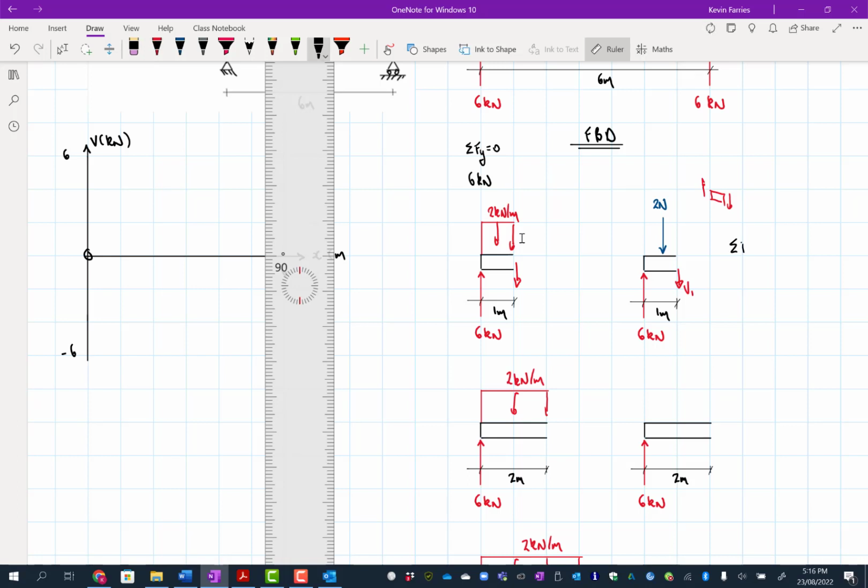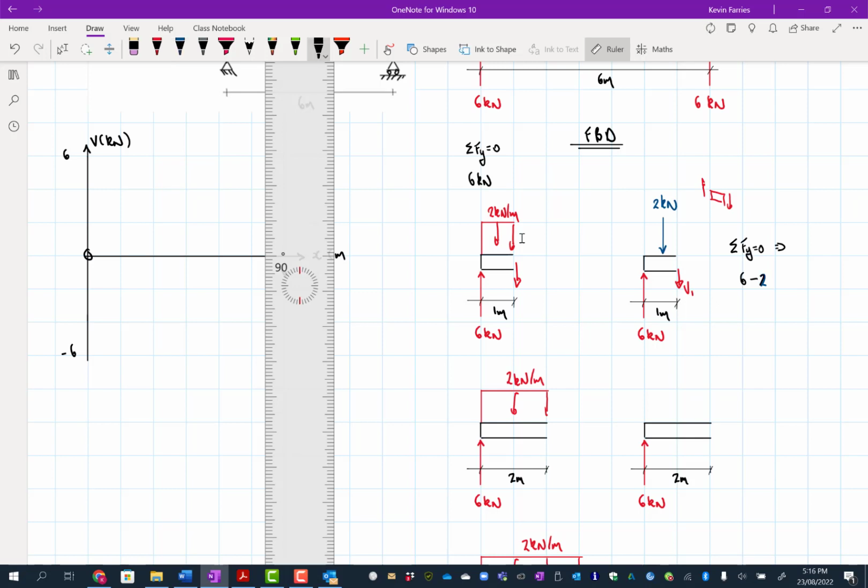So sum of the y components is 0, therefore up 6. Oh, we've got that 2 kilonewtons, and then minus 2 kilonewtons, because it's kilonewtons per meter.